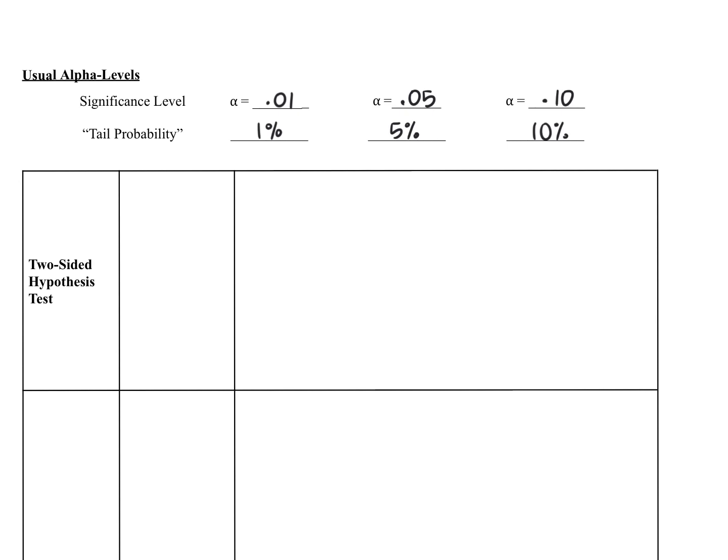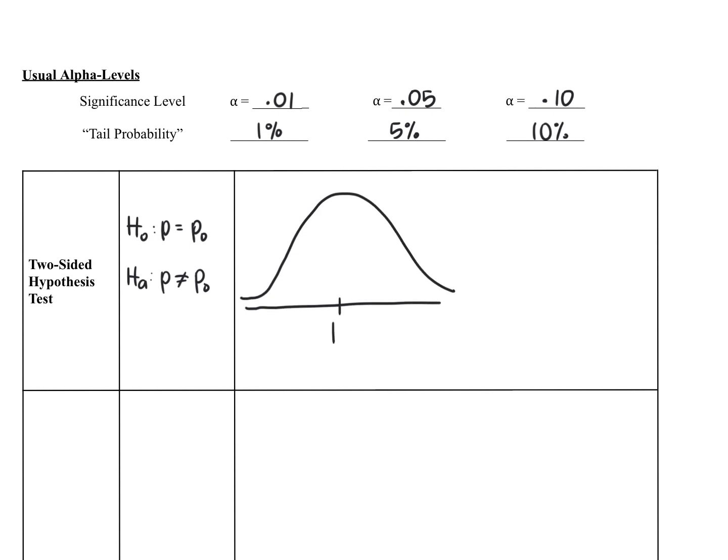So we're going to start with our two-sided hypothesis test. So in our two-sided hypothesis, we have our null hypothesis that our proportion is equal to what we call P naught, which is whatever our claim is, and our alternative hypothesis that the proportion does not equal P naught. So the way to kind of explain how this works is through a picture. So we're going to have our normal curve, and we have that our null hypothesis P naught is in our center.